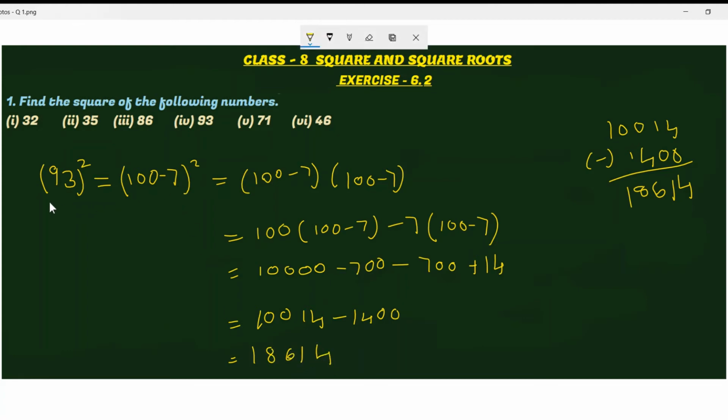This one you can also try with 90 plus 3, and you will get the same answer. Here 71 you can split as 70 plus 1. 46 you can split as 40 plus 6, or as 50 minus 4. This way also you can split the number. Got it? Let's move on to the second question.